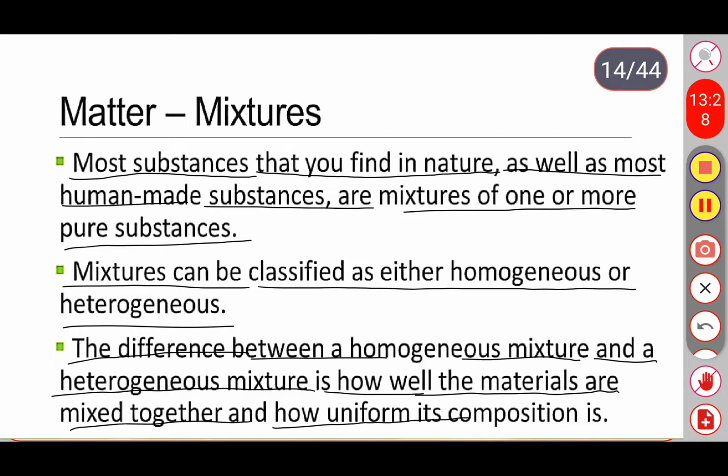Later we will discuss what a homogeneous mixture is and what the characteristics of both homogeneous and heterogeneous mixtures are. So these are the two types of mixtures, homogeneous and heterogeneous mixtures.